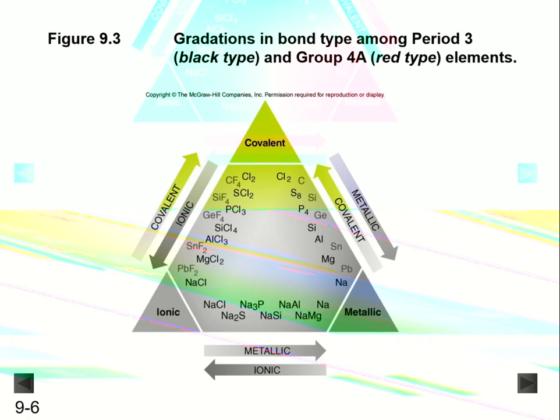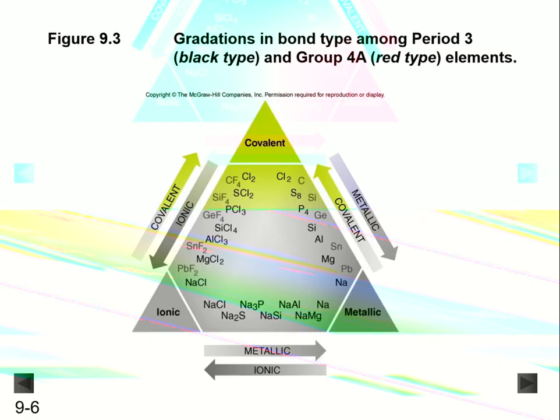The element at the top of group 14, carbon, when it interacts with fluorine, forms carbon tetrafluoride, a covalent compound. Next up, we have silicon tetrafluoride, which is very covalent in its properties, but has more polarization in its bonding. Then we have germanium fluoride and tin(II) fluoride and lead(II) fluoride, which are much more ionic compounds.